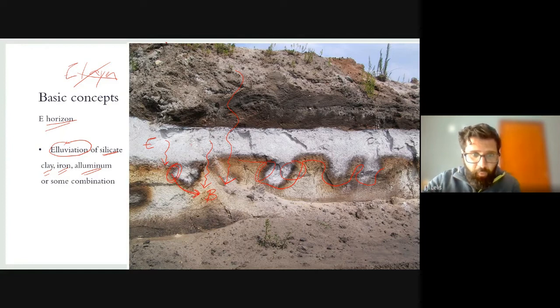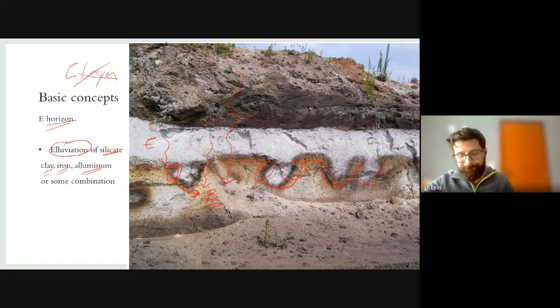So this wavy dark horizon here is dark because clay moves, eluviates from the E horizon and concentrates here. And because clay was moved from one horizon to another horizon, this is not an A horizon, but a B horizon.